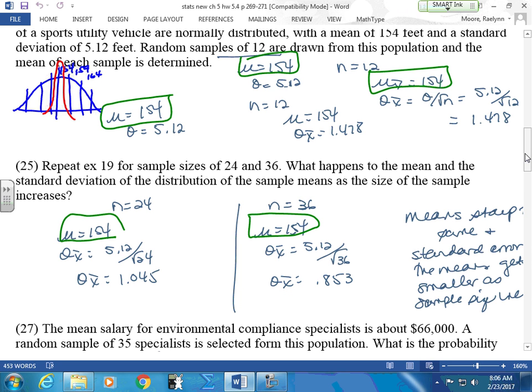My curve, if possible, is getting even narrower. This one is shrinking it down even more, so now my curve is getting even narrower, within that space. So again, these were good ones to look at, because as the n gets larger, it makes sense. You're dividing by a larger number, so you get a smaller number. Your standard deviation gets smaller. Okay? Makes sense?